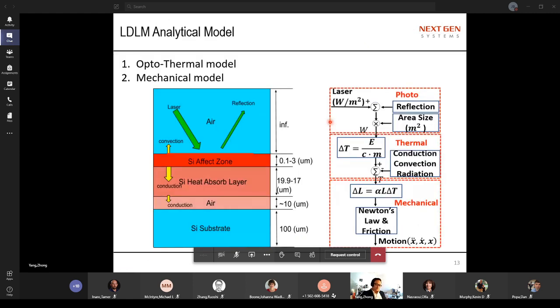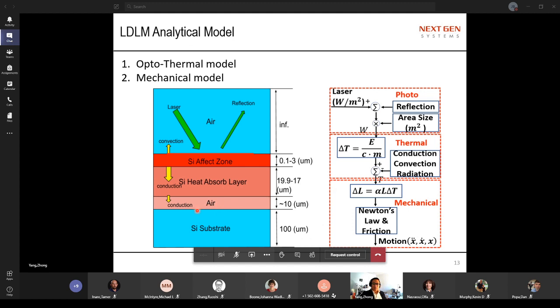So how to model this microrobot? This type of microrobot involves an optothermal mechanical process. Here's the side view of the system. Here's the air, and the silicon represents part of the structure of the microrobot.